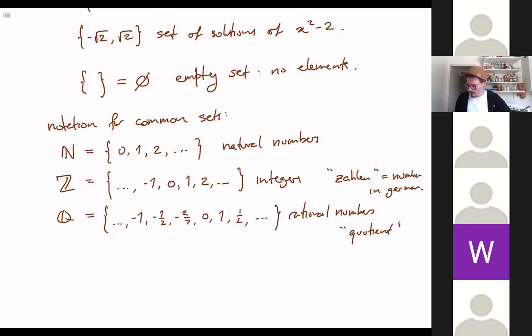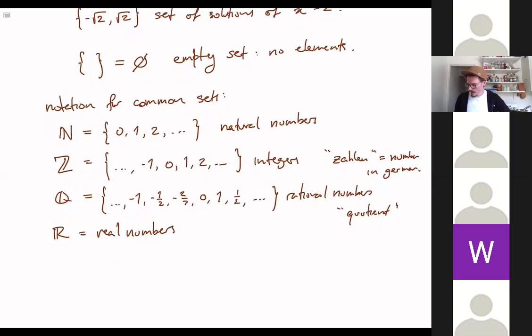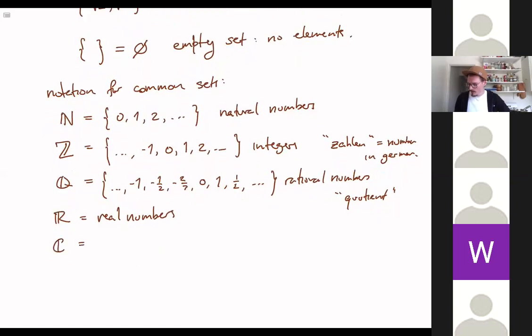And then finally, R is the real numbers, called R for obvious reasons. And C is the complex numbers, also called C for obvious reasons. And if you're not familiar with the complex numbers, then don't worry about that. I don't think they're going to be used almost at all in this course, but they're a neat thing and quite useful if you ever run into them.